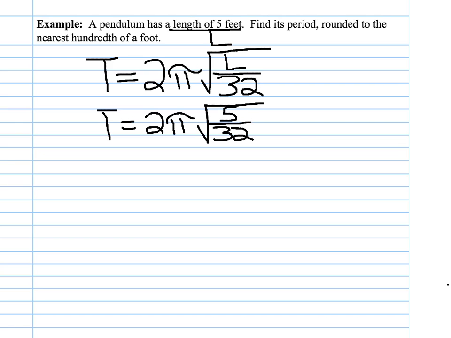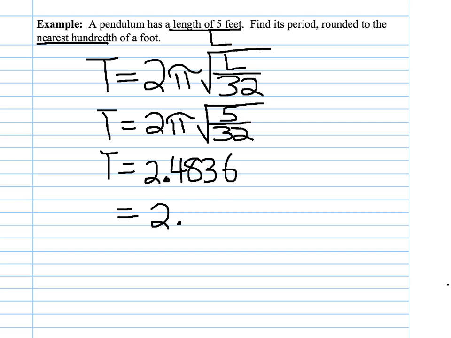Once you do that, you're going to see that in your calculator you get the following answer: 2.483, and so on. Notice that I only have to round it to the nearest hundredth, so I only need 2 decimal places, which is 2.48 seconds. So it takes that pendulum 2.48 seconds to go from both extremes and back.